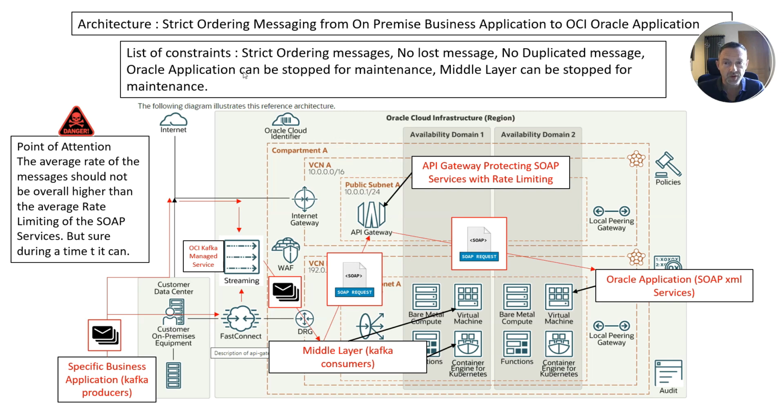Another constraint, the Oracle application can be stopped for maintenance, and the middle layer can also be stopped for maintenance. Okay? So with all these constraints, you can imagine that the consequences on the architecture are quite strong.